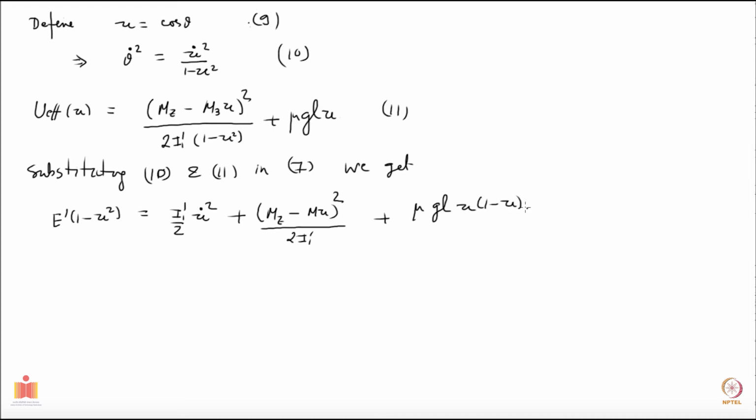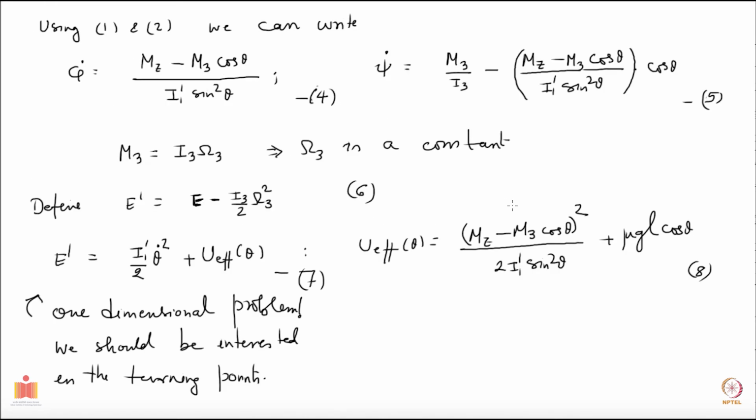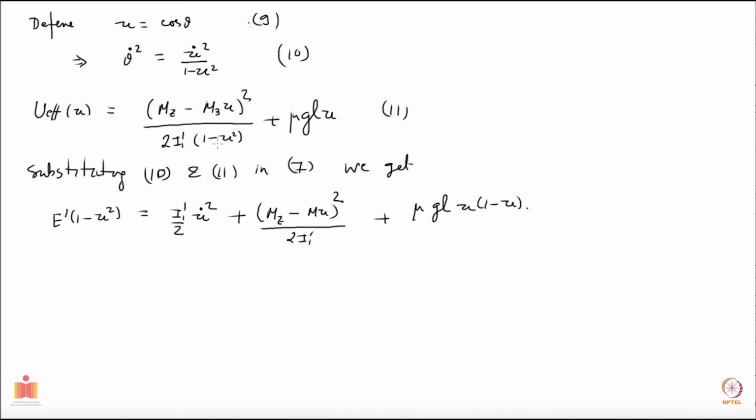Please check that this is correct. Yeah, 1 minus u square. That is because of this term getting multiplied. That's correct.